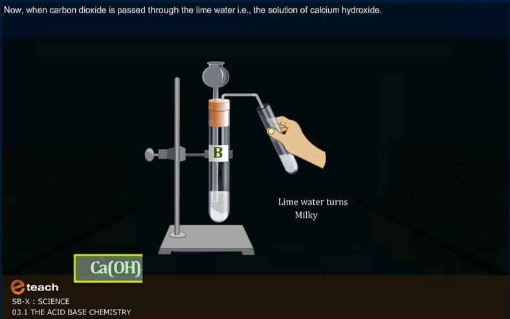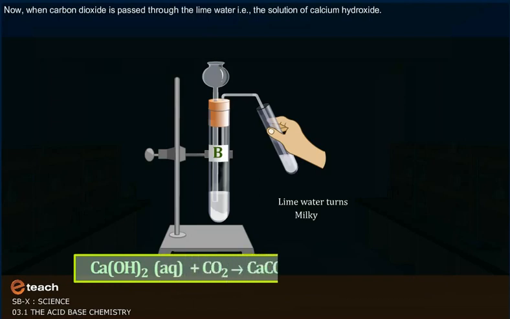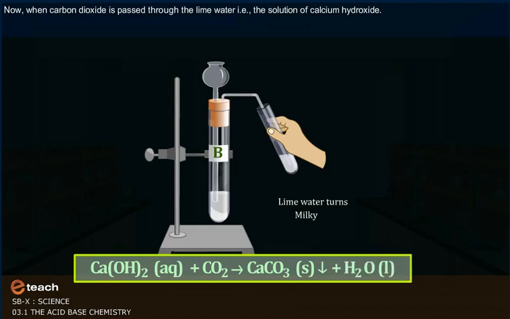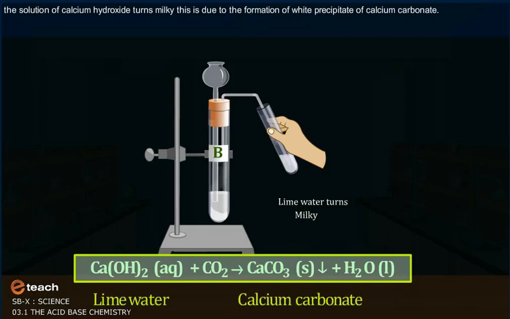Now, when carbon dioxide is passed through lime water, that is, the solution of calcium hydroxide, the solution of calcium hydroxide turns milky. This is due to the formation of a white precipitate of calcium carbonate.